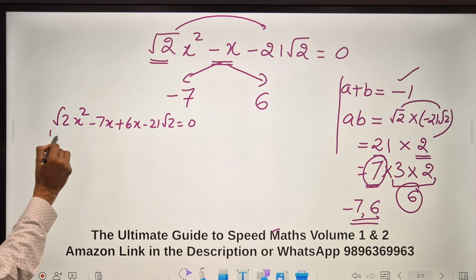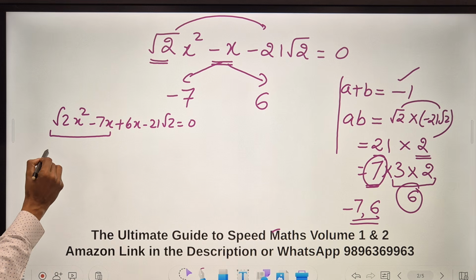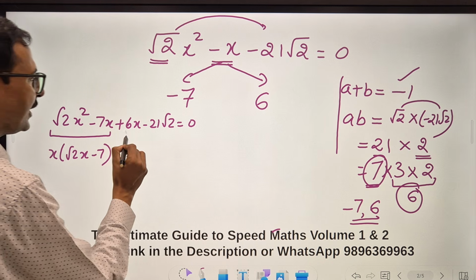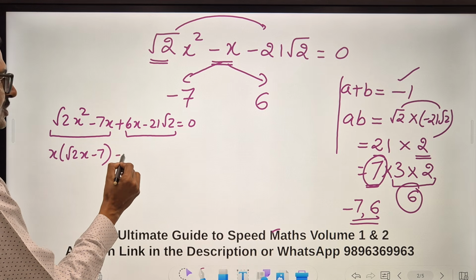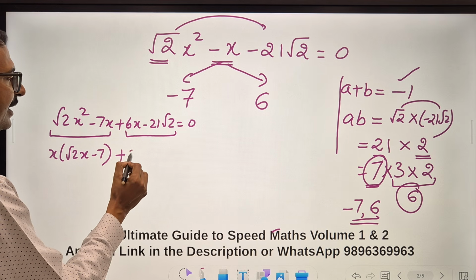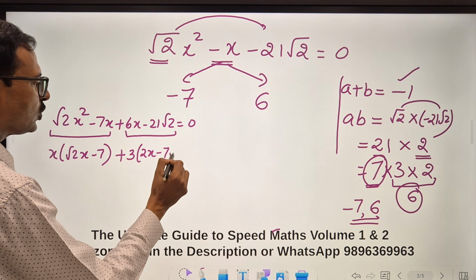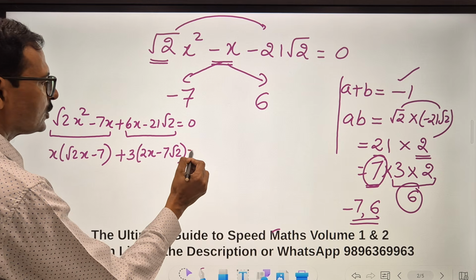And then you find the common factor between these two, which is just x, which gives you a root 2x minus 7. And then you find the common factor between these two, which obviously is looking like 3, but it will give you a 2x minus 7 root 2, right, equal to 0.